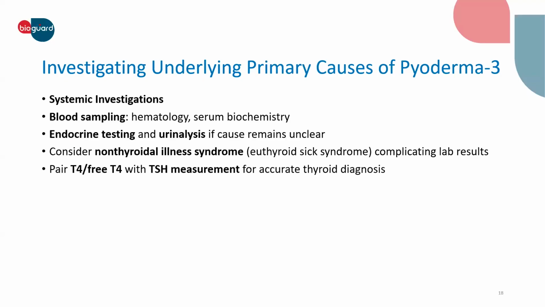And also, sometimes blood sampling for hematology, serum biochemistry, endocrine tests, and urinalysis may be required if the cause remains unclear, and may consider that non-thyroidal illness syndrome complicates the lab results.